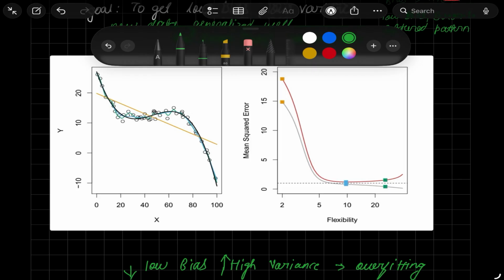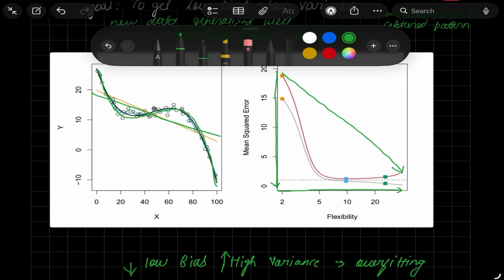So we are seeing here that as the flexibility increases, the error is actually decreasing. It is a totally different scenario here because the data is like this and the linear model won't work here. Why? Because the data is in an S shape.